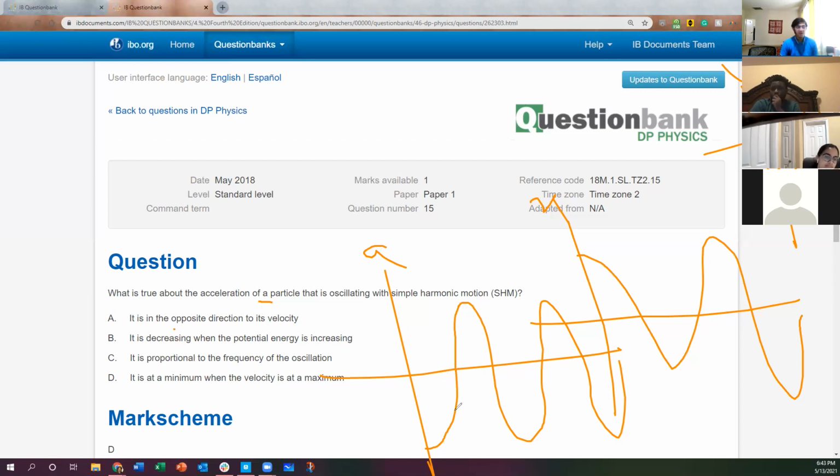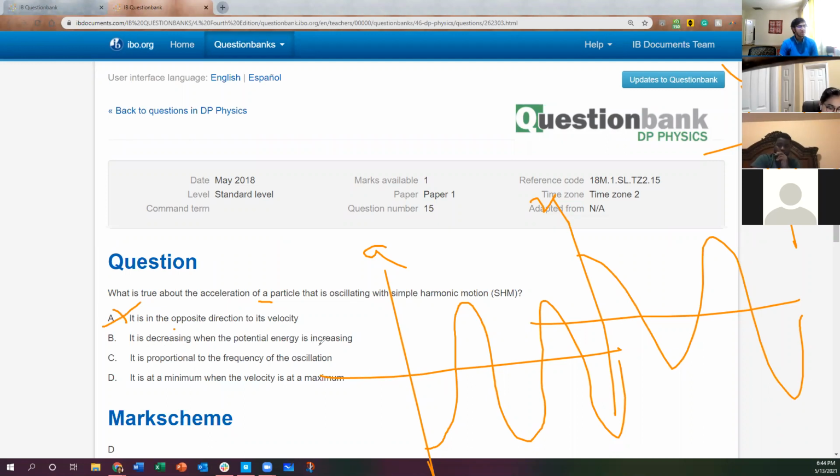If we think about a pendulum coming back down, its acceleration is towards equilibrium, and its speed is also that same way. That means acceleration and speed are in the same direction. That's why it's speeding up, otherwise it can't speed up. So we can eliminate A.